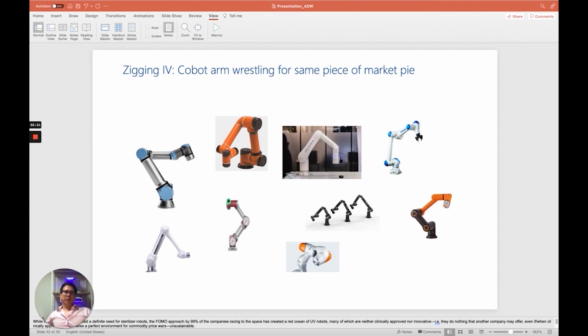And they're really arm wrestling for the same piece of the market. However, Universal has a strong lead and is widely used. So this will be interesting to watch. But again, not necessarily the most prudent thing for a company or an investor to look at.